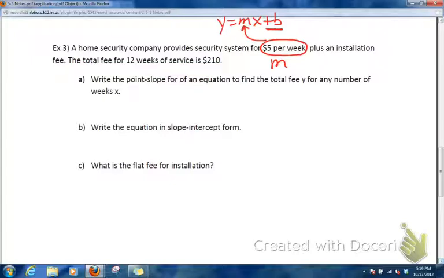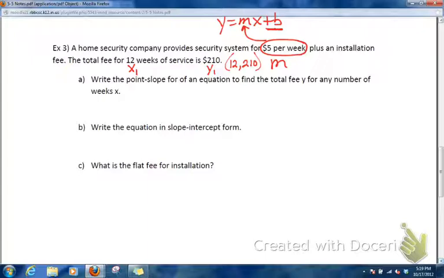What that's doing is that's telling you that 12 is your X1 and 210 is your Y1. Okay? So what they've done is they've given you an ordered pair here, 12, 210.